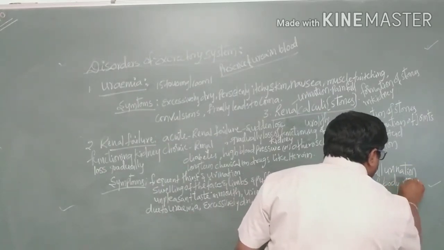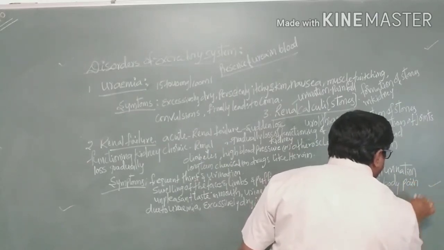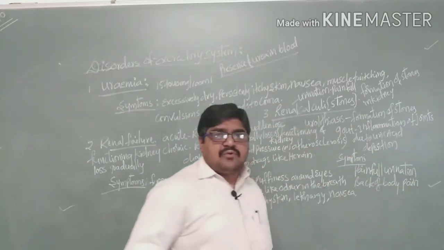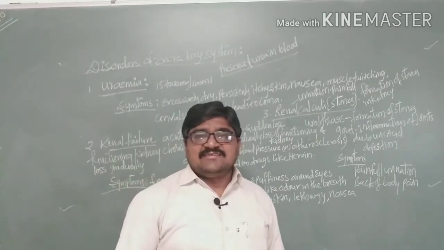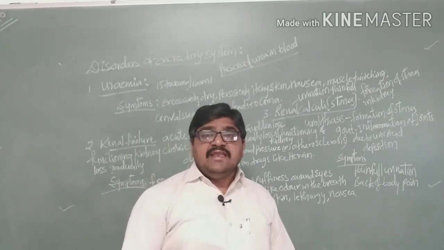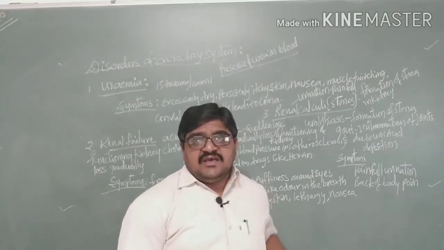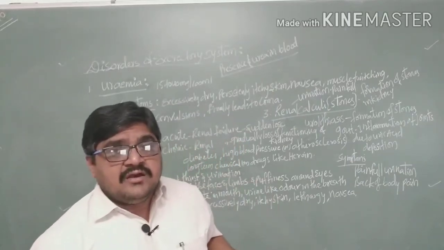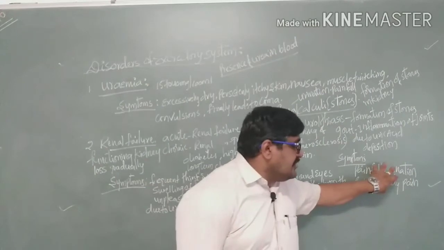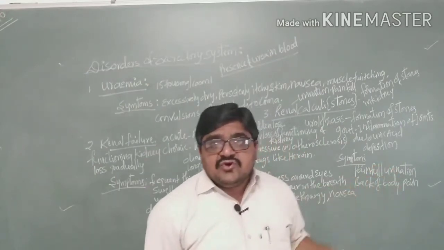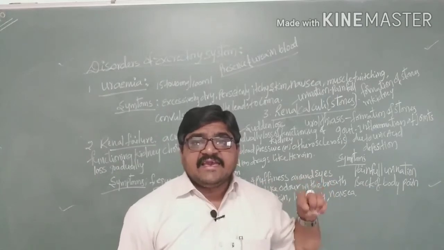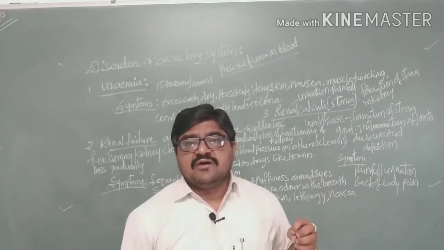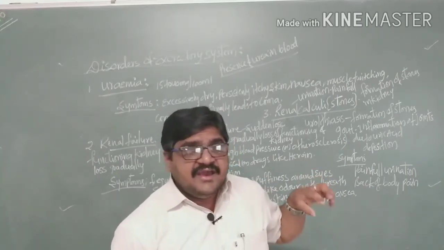A pain is produced at the back of the body as well as in the back of the chest region. So these are the two symptoms that show that kidney stones are formed in the kidneys. That means stone formation has taken place in the kidneys.